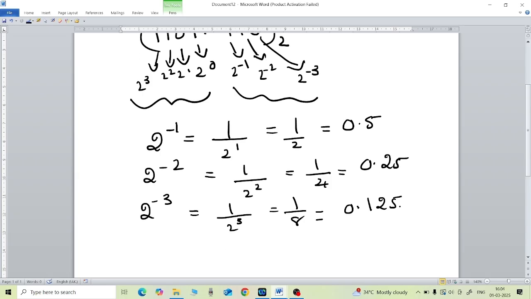And 2 raised to minus 4 is 1 divided by 2 raised to 4, that is 1 divided by 16, that is 0.025. If we know these things, it will be easier for us to convert the numbers into decimal numbers. So we will see an example.